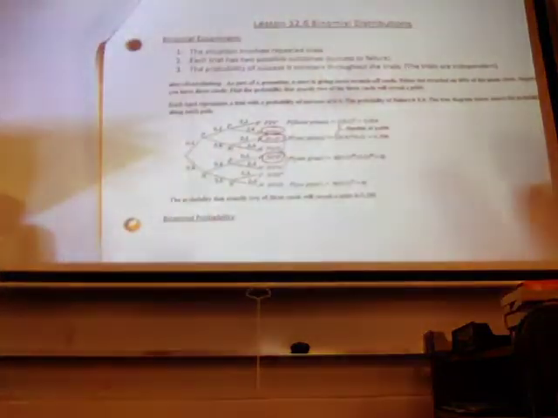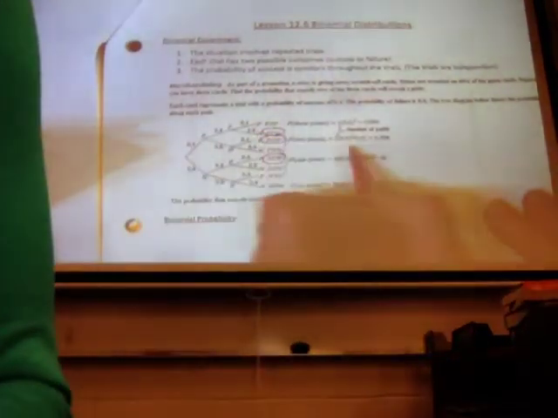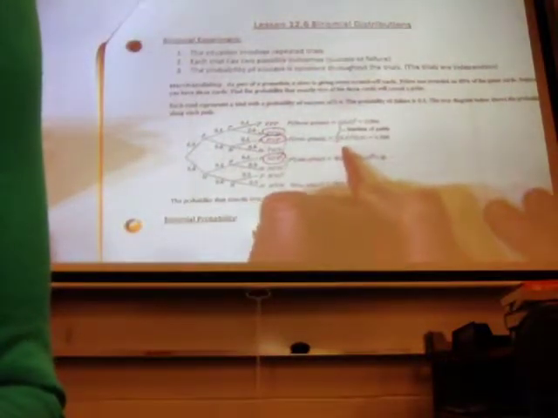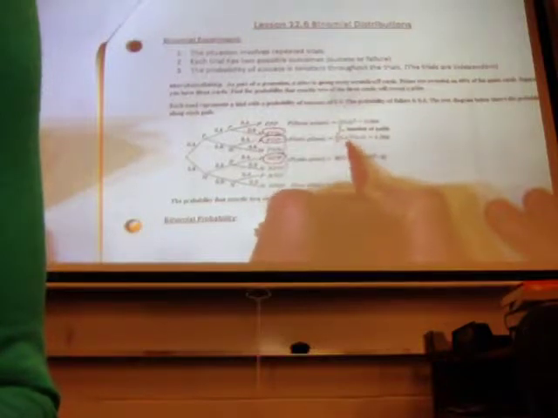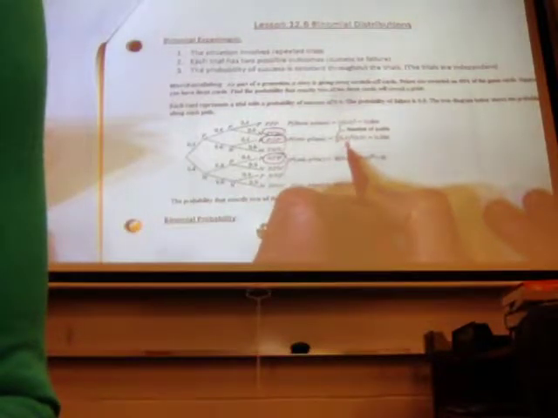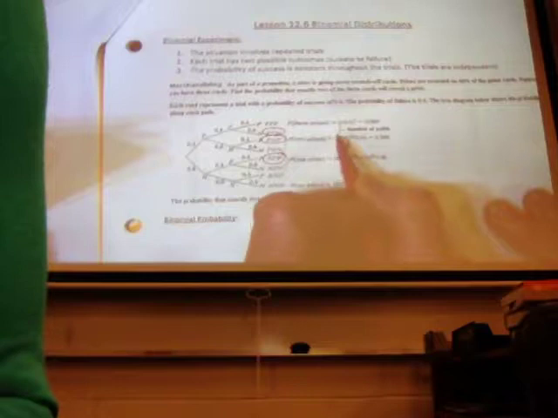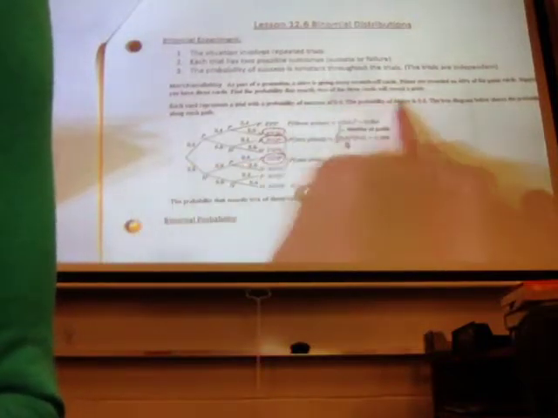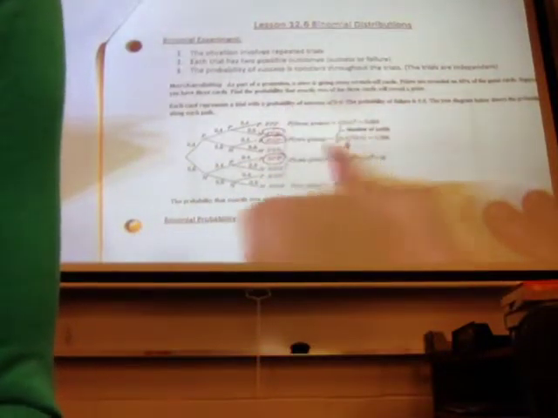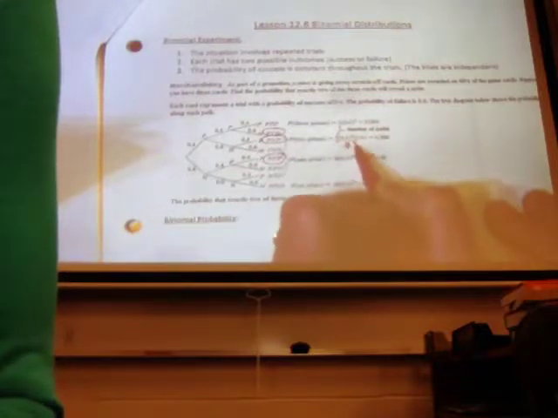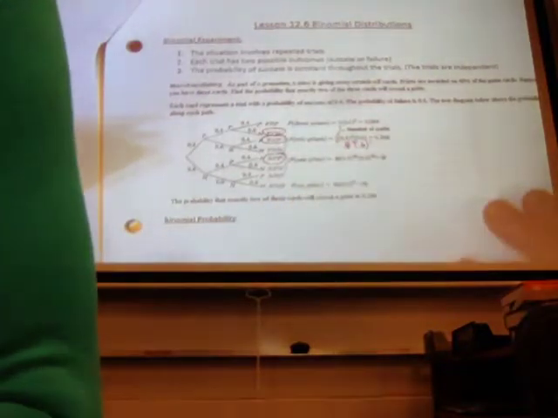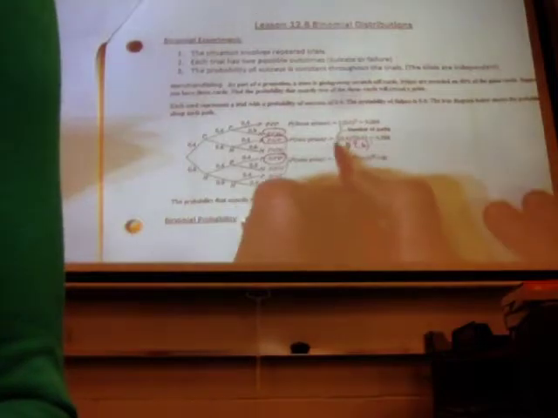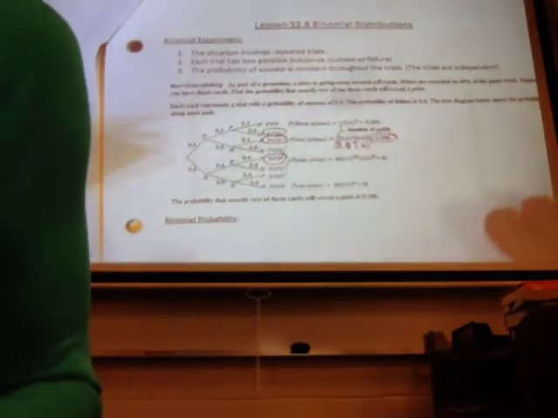You have 3 times 0.4 squared. Why is it 0.4? That is the probability of success. And you have 0.6 to the first. And if you multiply all that together, you get 0.288.